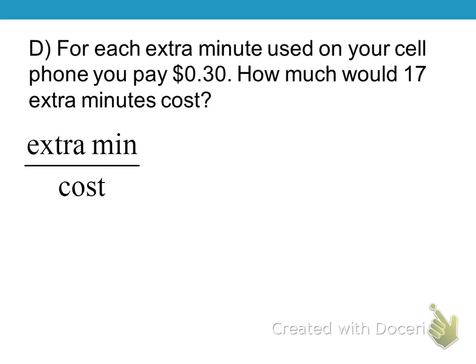So 30 cents represents how many minutes? One. It doesn't really say 1 anywhere, but if it's each extra minute, that implies the 1. So 1 over 0.30 equals, and then we have 17 minutes over x.